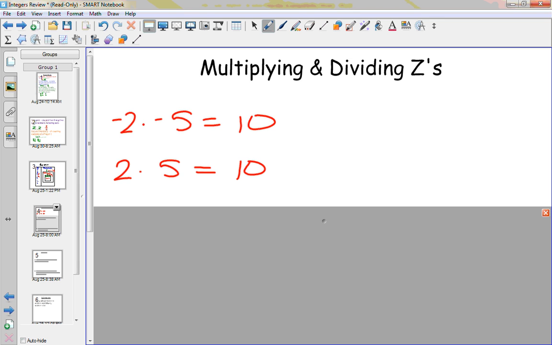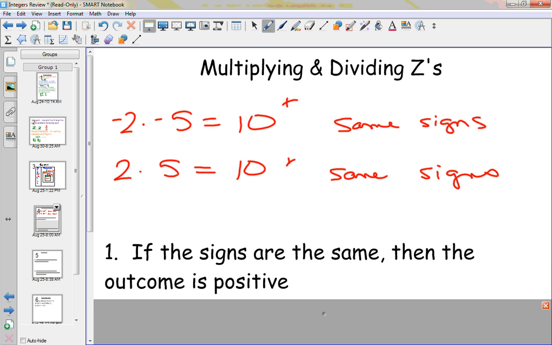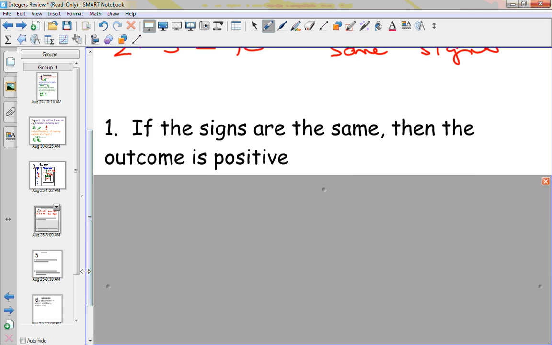Well, this says what's in common between those two things. The first example, negative 2, negative 5, the signs were the same. Positive 2, positive 5, same signs again. What was the outcome? The outcome was a positive number, right? So if the signs are the same, the outcome is positive. The signs are the same, the outcome is positive.